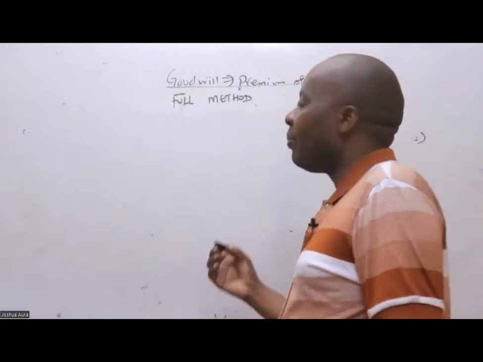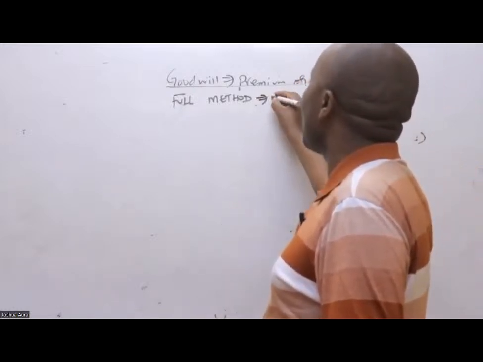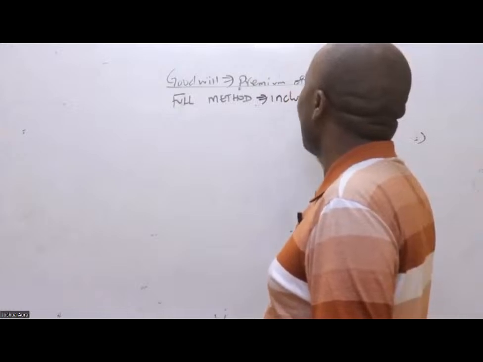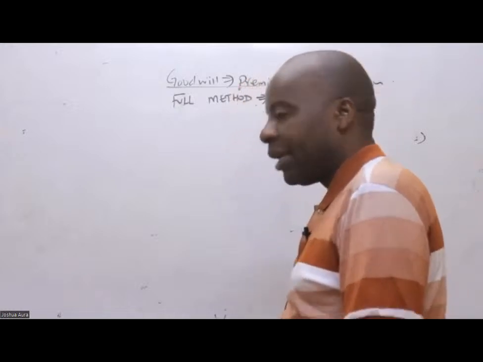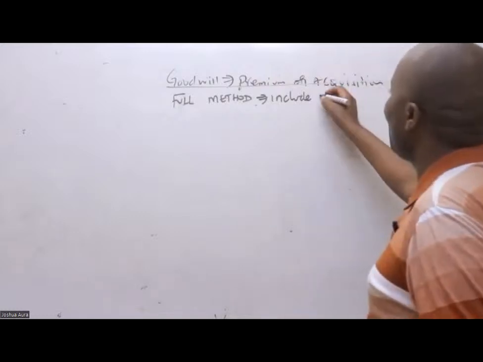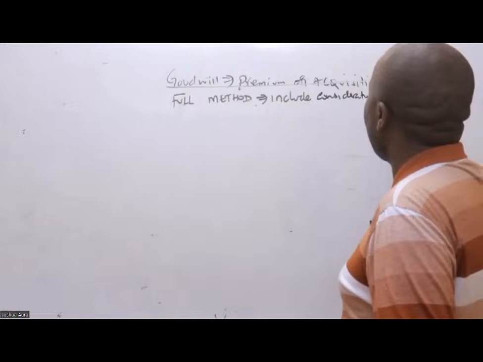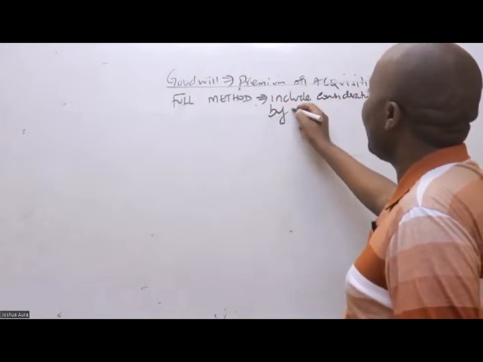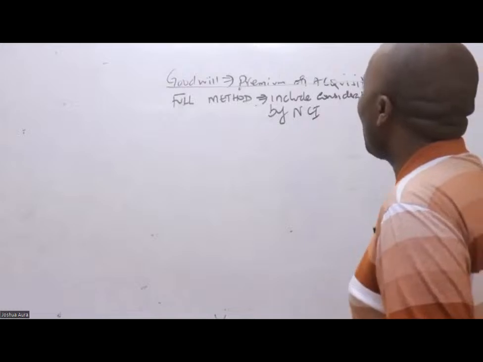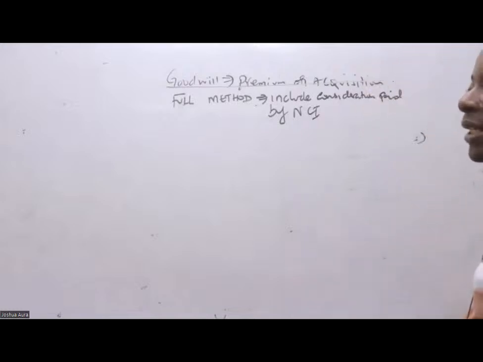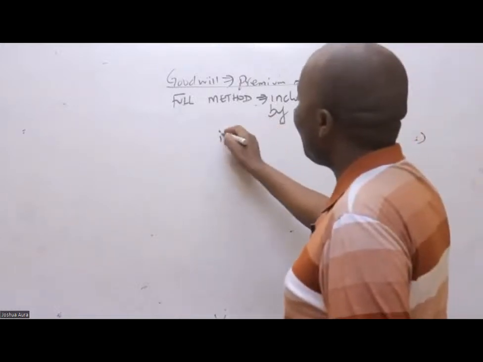In talk of the full method, this is where we include the consideration paid by NCI. NCI is non-controlling interest. Then, ladies and gentlemen, you are calculating goodwill using the full method.